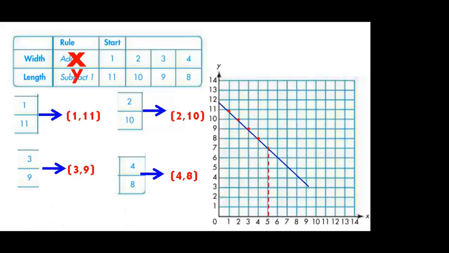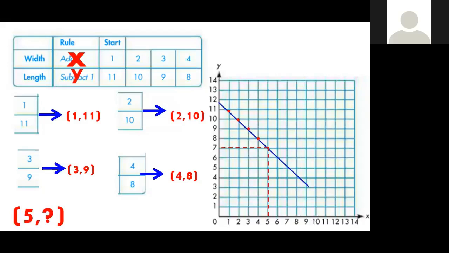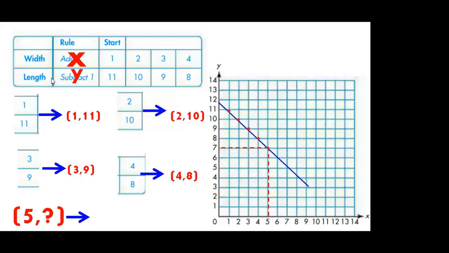You see it? Look at your screen. So this is how to answer the question from the graph, by dropping a perpendicular over the line segment to get the missing point or the unknown amount: 5 and 7.